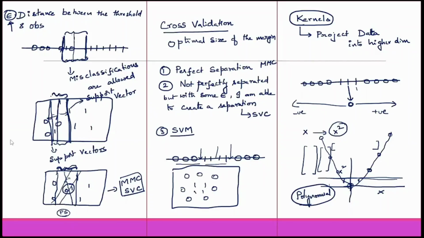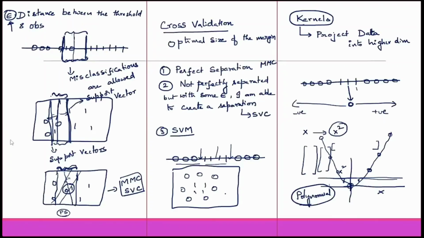We have different kinds of kernels that are available. One is a simple linear kernel, or there could be a polynomial kernel. There are radial basis kernels, and there could be a sigmoid kind of kernel. So there could be different kernel tricks that are applied.